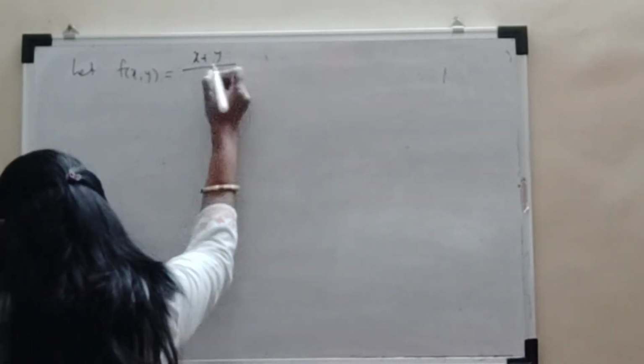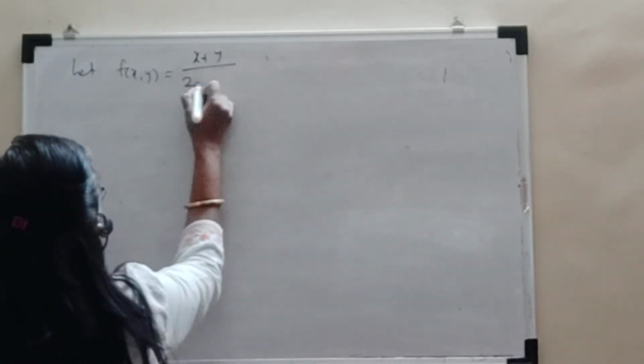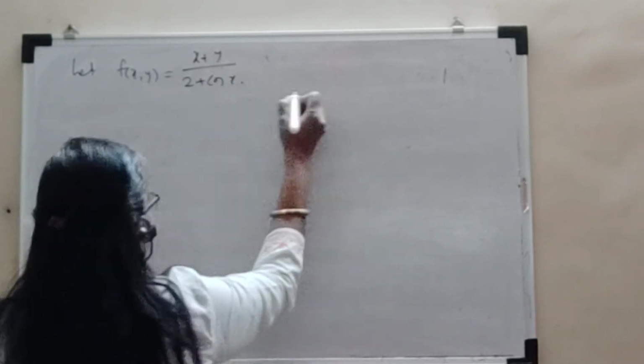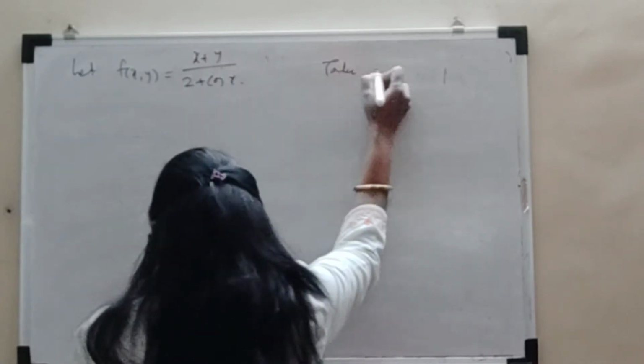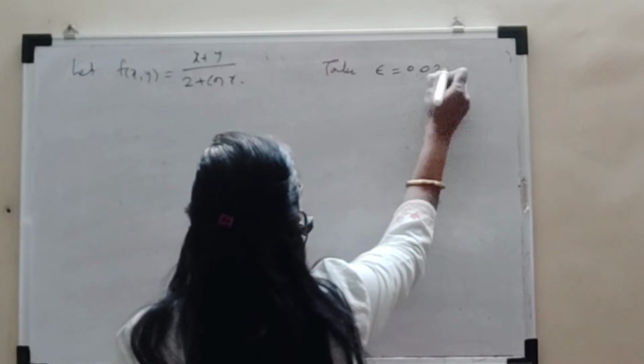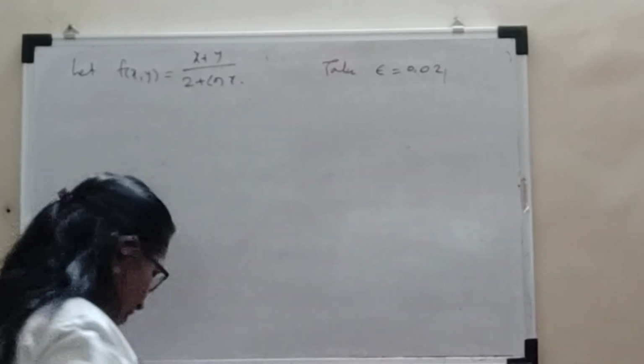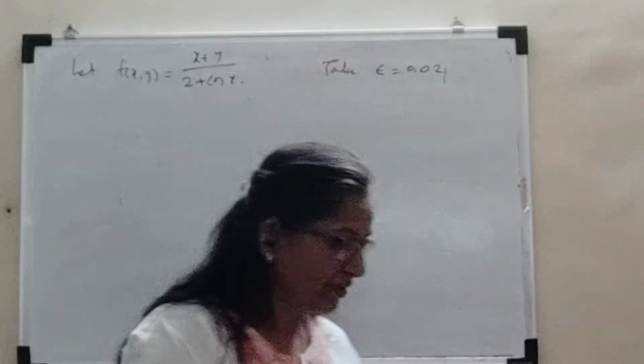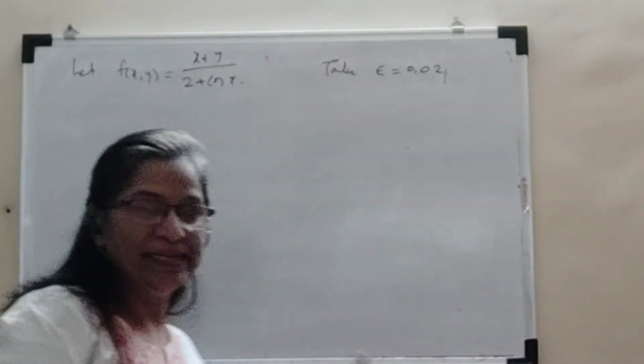Let f of xy is equal to x plus y divided by 2 plus cos x, and take epsilon is equal to 0.02, and we have to find here the limit or delta value.